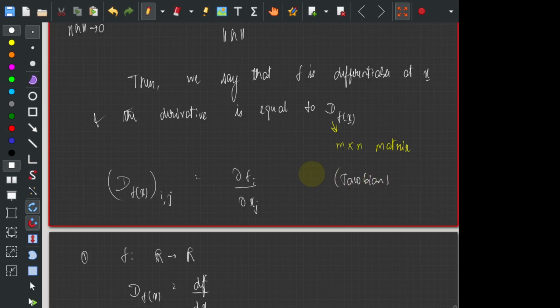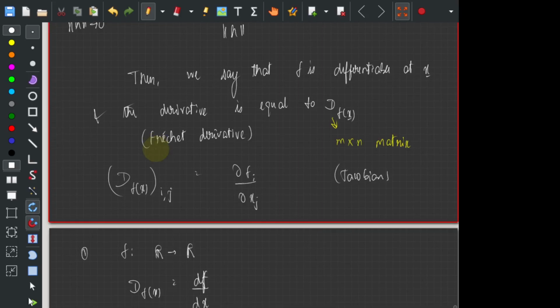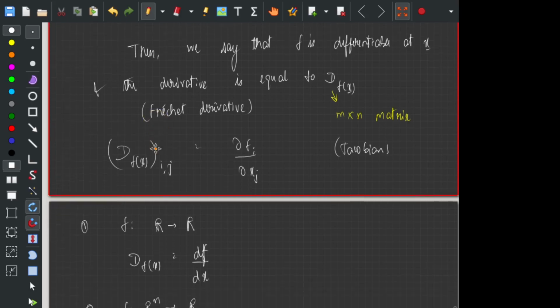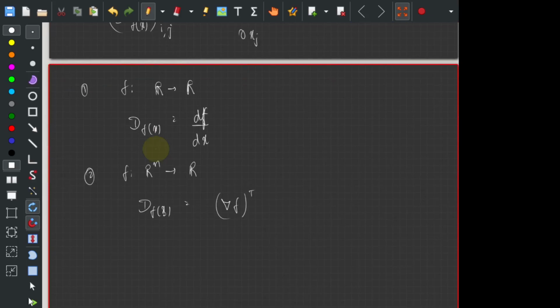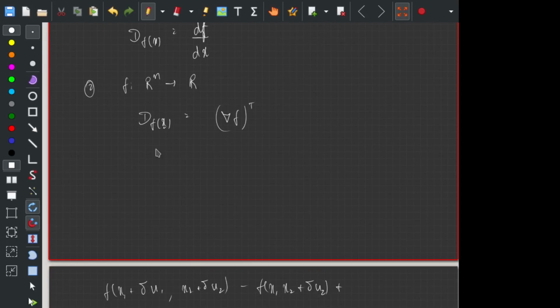And this is also sometimes called the Frechet derivative. Okay, and again for the derivative you can have a host of properties.